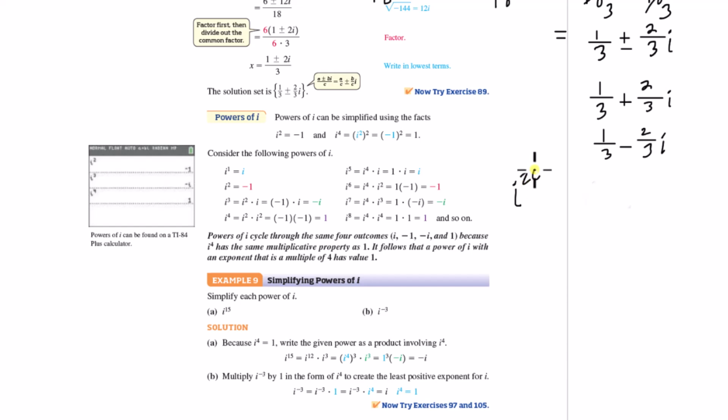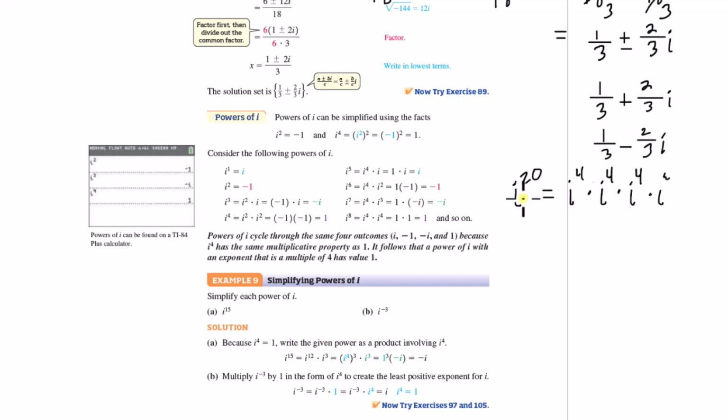So i to the 20th, okay? Well, 20 is divisible by 4. That means we can write it as i to the 4th times i to the 4th times i to the 4th times i to the 4th times i to the 4th, right? Well, all of these are equal to 1. So this is equal to 1. So i to any power divisible by 4 is going to be 1.